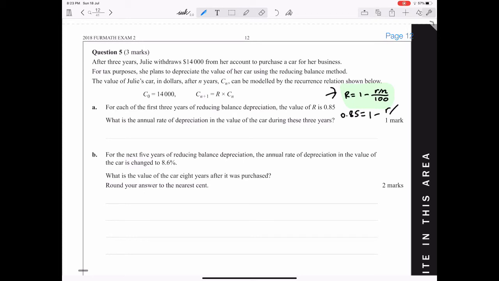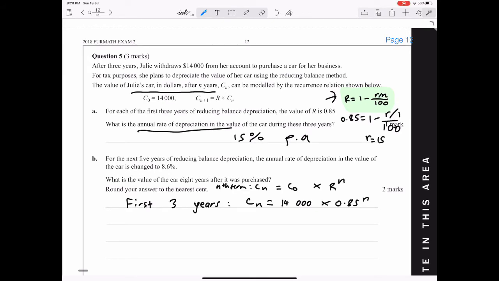We know that n is 1 over 100. If you solve that on your calculator, you get r equals 15. So therefore the annual rate of depreciation in the value of the car is 15% per annum.